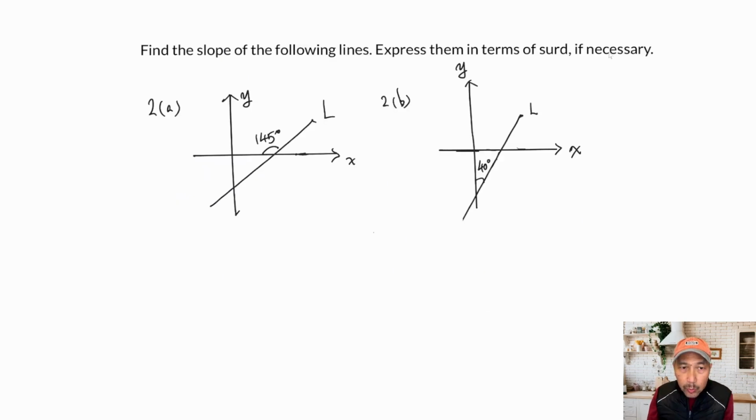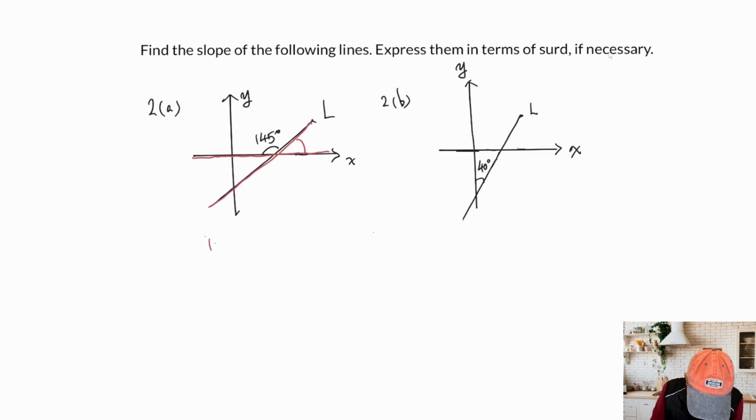In question 2, we also need to find the value of the slope by using the formula slope is equal to tangent alpha. But we need to bear in mind that the definition of inclination is the angle between the line and the positive side of the x-axis. So the inclination is not 145, it's the angle next to 145.